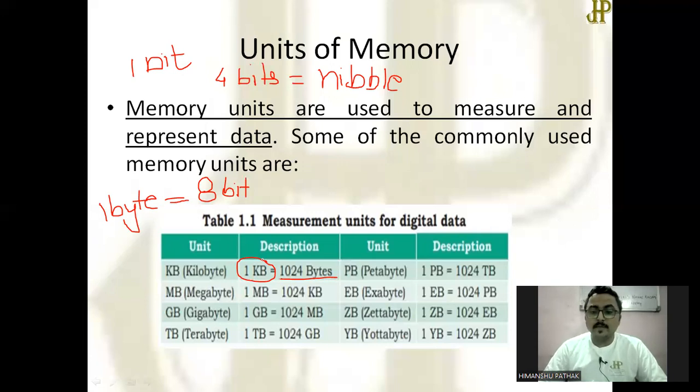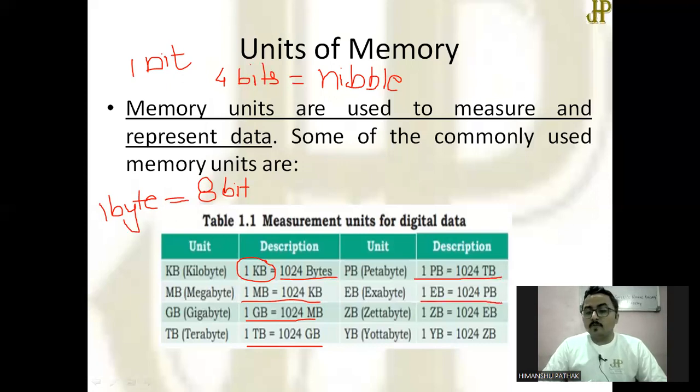So what is KB? KB is kilobyte. Again, 1024 KB is 1 megabyte. MB is megabyte. And then 1024 MB is equivalent to 1 GB, gigabyte. 1024 GB is equivalent to 1 terabyte. 1024 terabytes is equivalent to 1 petabyte.